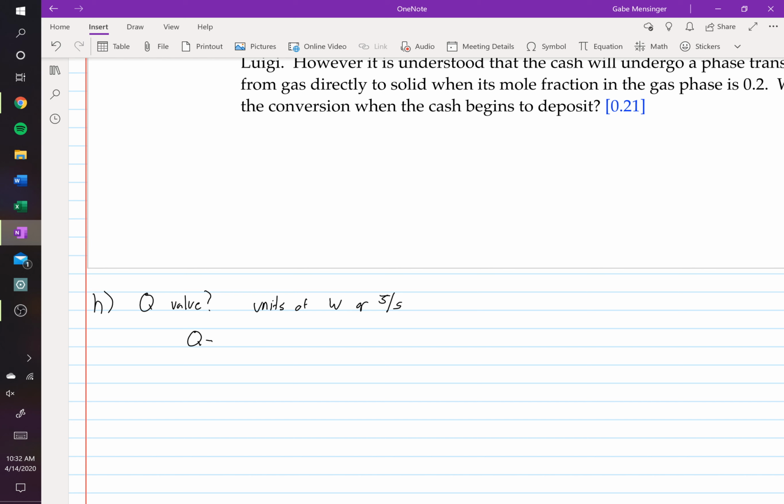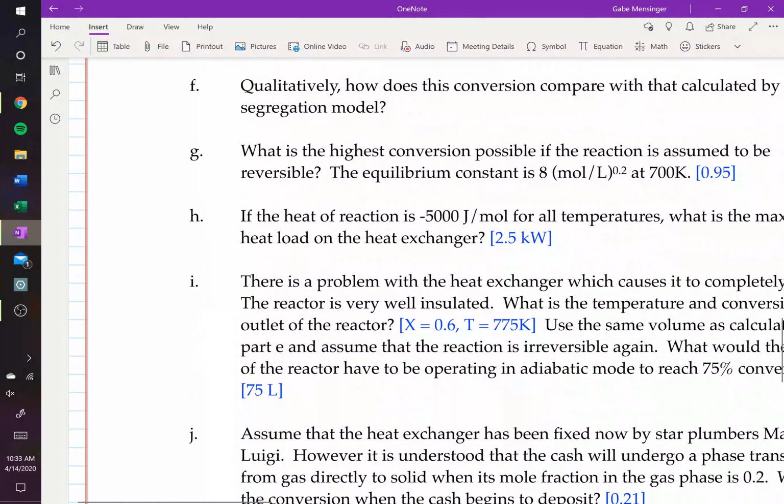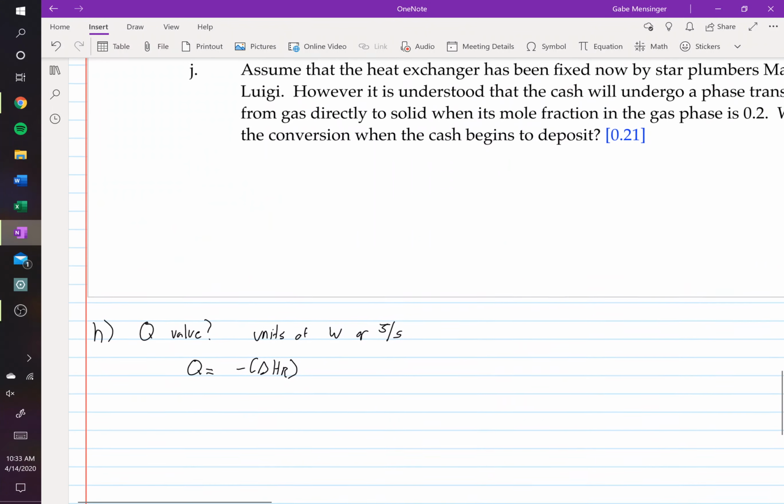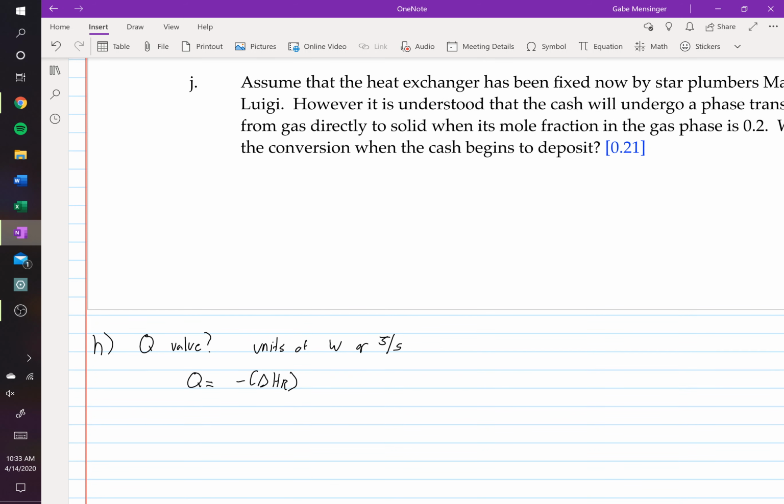So, doing some quick unit stuff, we know that the heat of reaction is releasing minus 5,000 joules per mole, but it's going to be absorbed by the heat exchanger, so negative delta HR. This is the heat times the initial molar flow rate of D, times the conversion of D, will give us the amount of energy produced from the reaction.